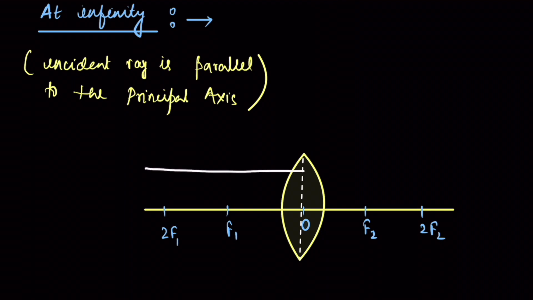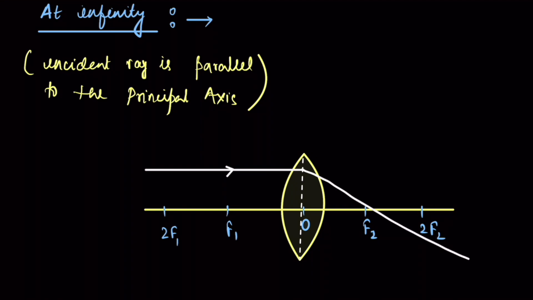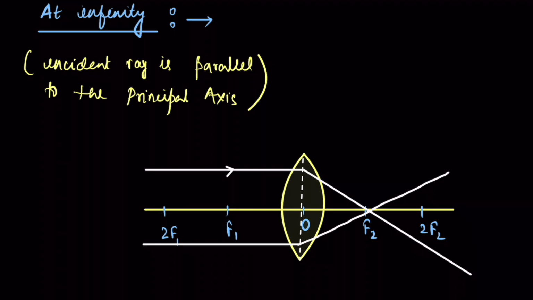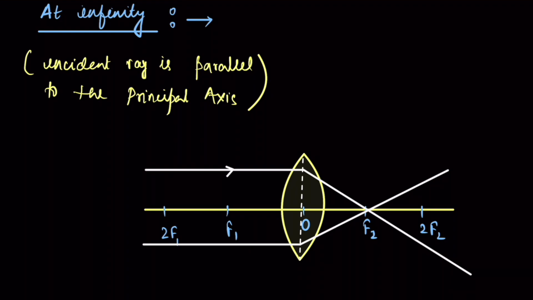So here both the incident rays are parallel. According to rule number 1, when the incident ray is parallel to the principal axis, it always passes through the focus. And for the convex lens, the focus is f2. So as you see, the image is formed at f2 and it is highly diminished.